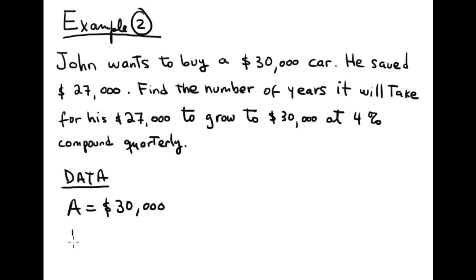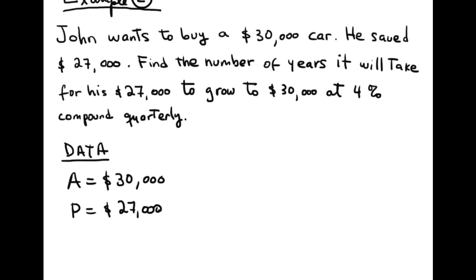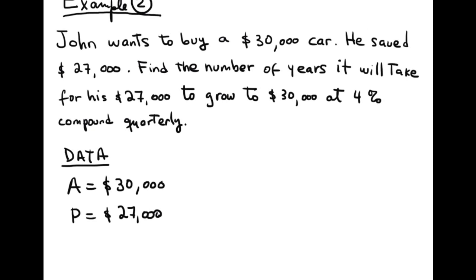Present value is the money that you have right now, 27,000. The rate when you deposit is 4%, 0.04 in decimal, and compounding is quarterly, which is 4. And you don't know the time. Time you don't know, the amount of years.